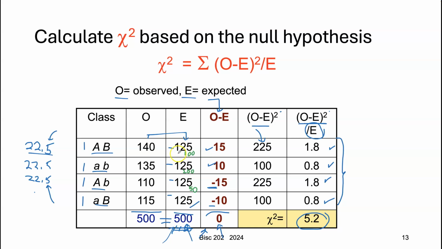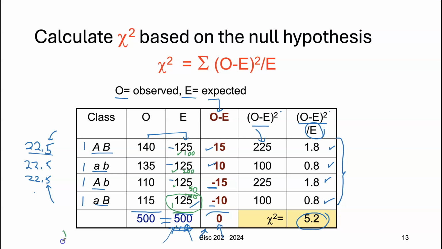But once you've decided on expected values for these three, this one cannot be varied, because this adds up to 350 and the total has to add up to 500, so this has got to be 150. So you can change 3 of them, but after you've changed the 3 of them, the 4th one is not negotiable, let's just say.